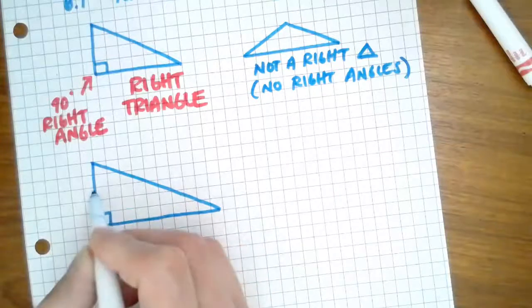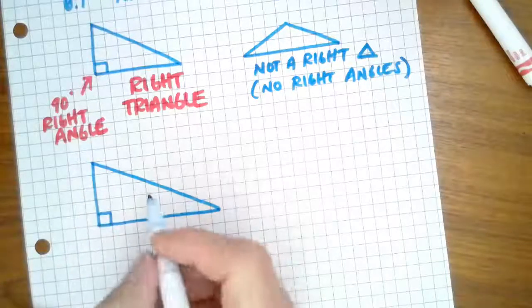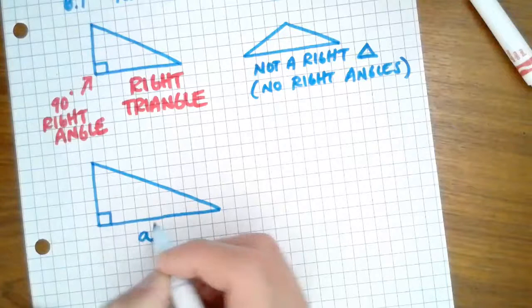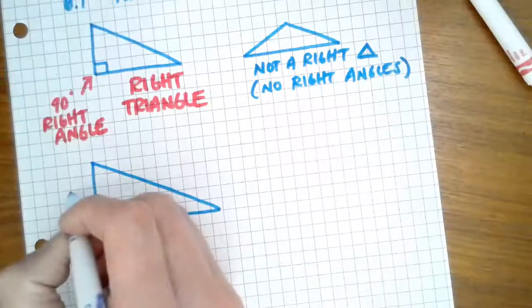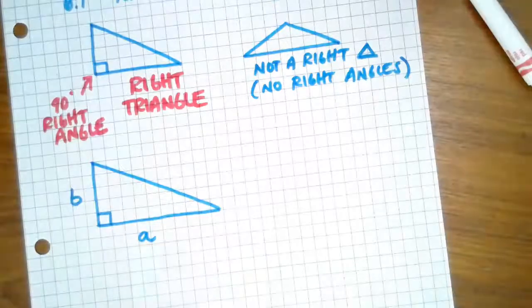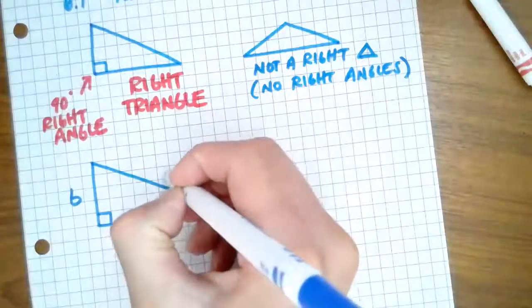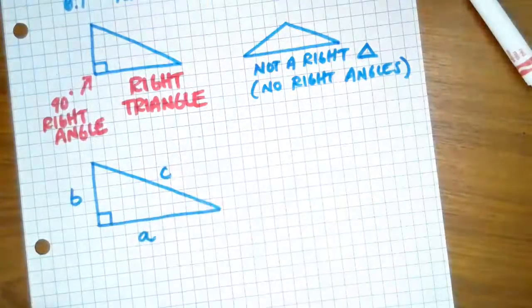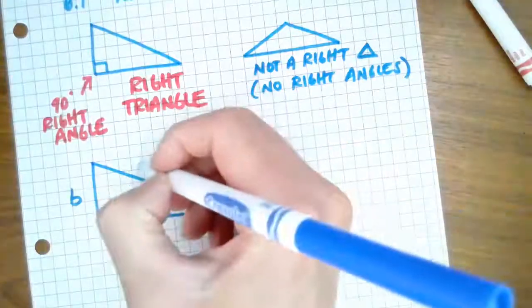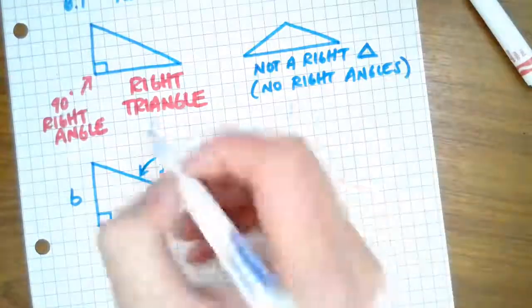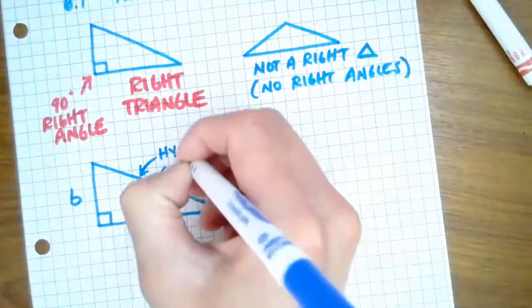The legs are the two sides that are next to the right angle. I'm going to call this leg length A and this one length B. And then this longest side of the right triangle, let's label that C. And this side right here, we call this the hypotenuse.